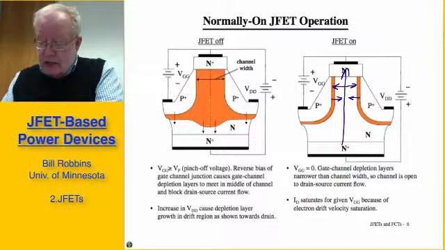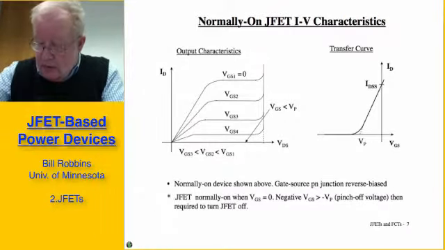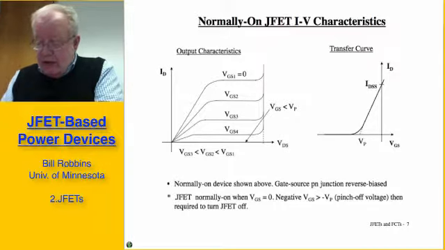As you increase the drain to source voltage under those conditions, the depletion layers grow, as we've already indicated and as I'm re-emphasizing here with these arrows that I've just drawn. Again, the output characteristics for this device are very similar to those of the normally off JFET.